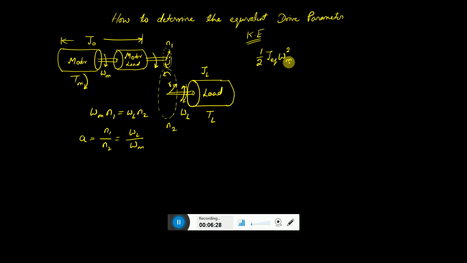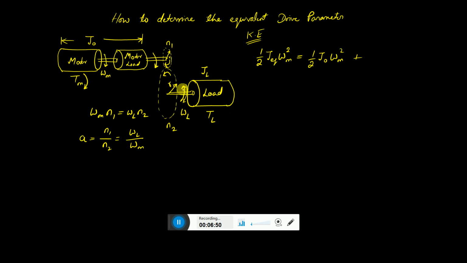That is why we are writing omega m square, not omega L. So referred to the motor end, this is equal to the total inertia of the motor, that is nothing but half J0 omega m square.